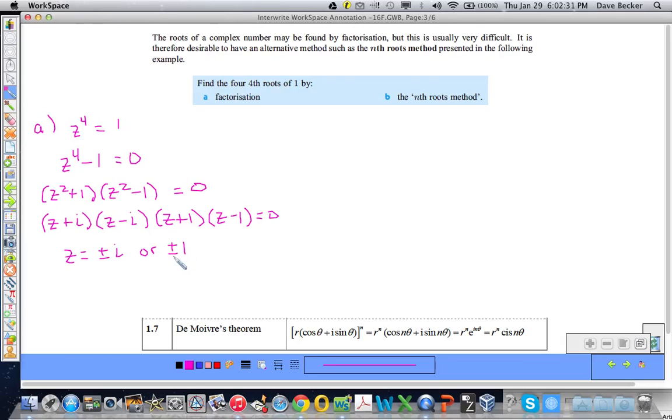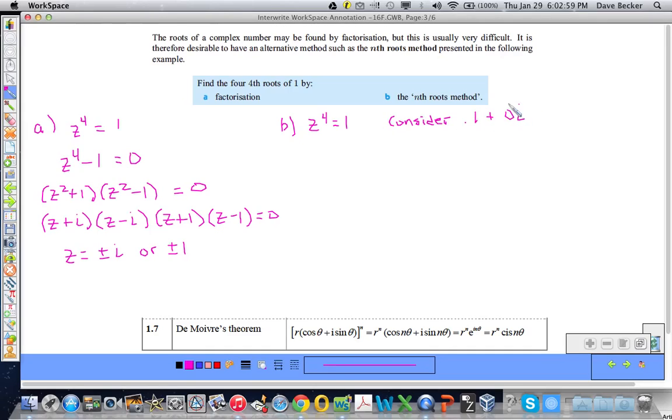No big whoop. But let us investigate the nth root method for when life will be a bit more difficult than this. So for z to the fourth equal to 1, let's think of 1 as 1 plus 0i.